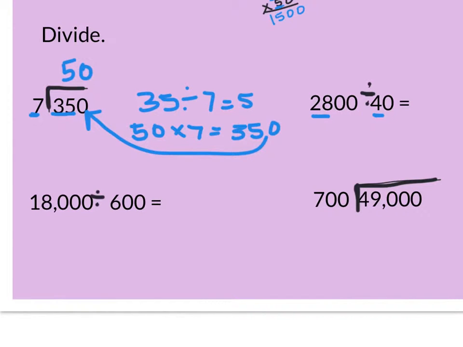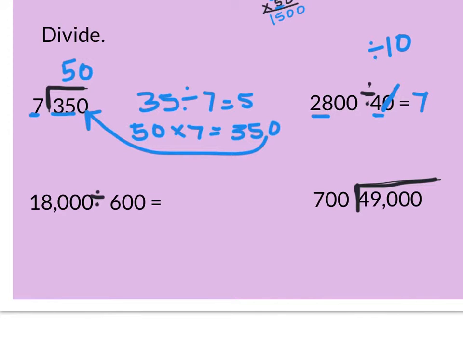28 divided by 4 is the basic division fact. So 28 divided by 4 is 7. But if you remember, we talked about crossing out zeros. I have 1 0 here. And so what that means, if I cross out that 0, what I just did is I divided 40 by 10, and I'm left with 4.